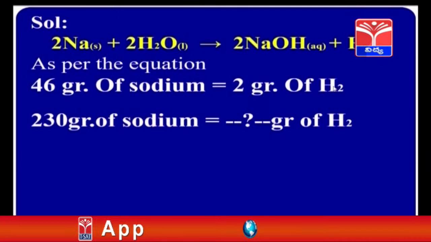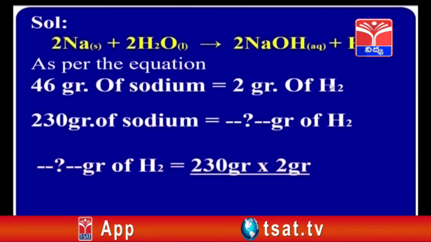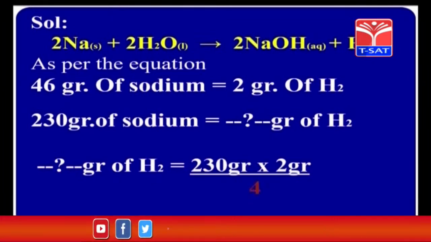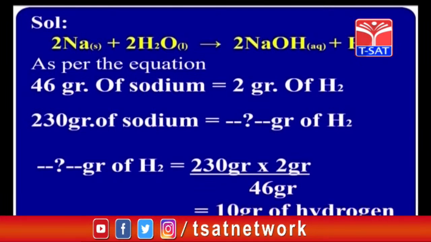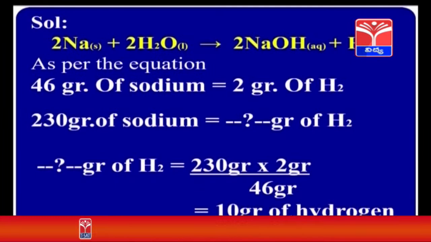To get the answer, we need to cross multiply. Therefore, the number of grams of hydrogen is equal to 230 grams into 2 grams divided by 46 grams. So you will get the answer as 10 grams of hydrogen. The mass of hydrogen liberated is 10 grams.